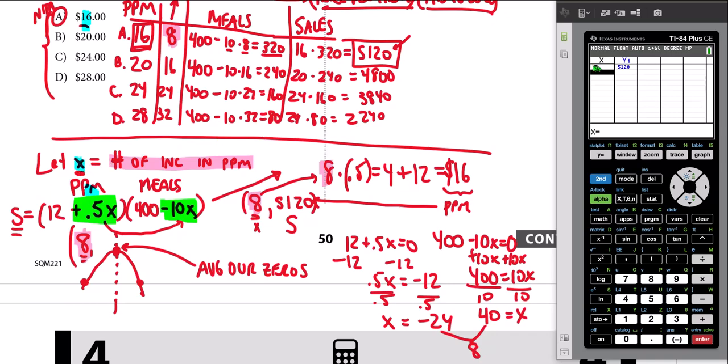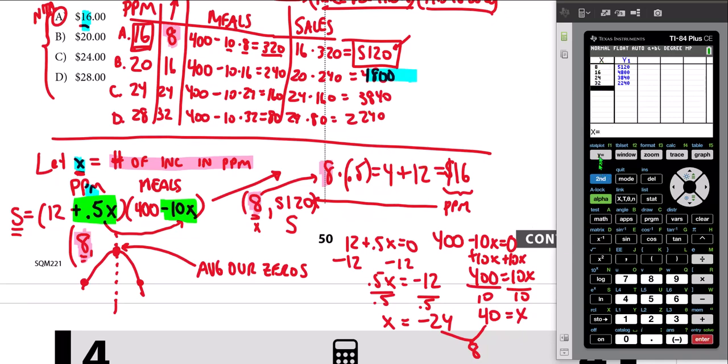So again, this is the number of times I have increased my meal by 50 cents, and this will be the sales that corresponds to the resulting price per meal and the number of meals that I sell. If I type in 16, I get 4,800. When I type in 24, I get 3,840. And then when I type in 32, of course, I get 2,240.